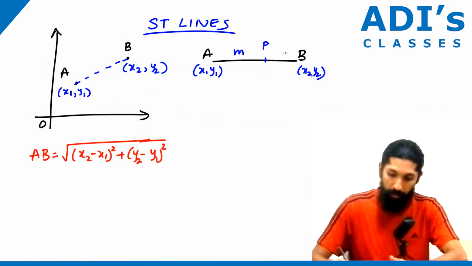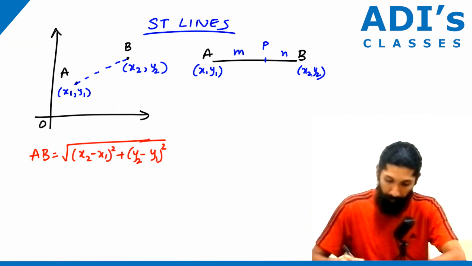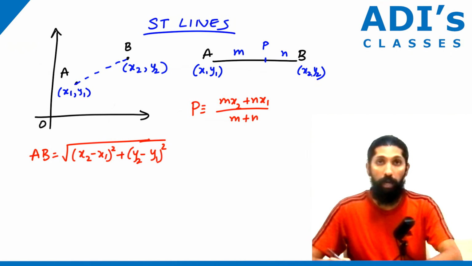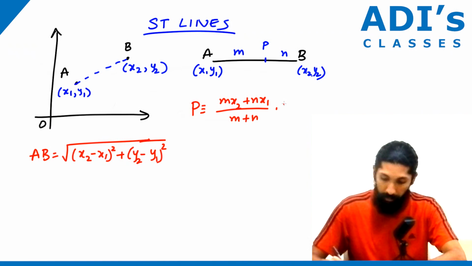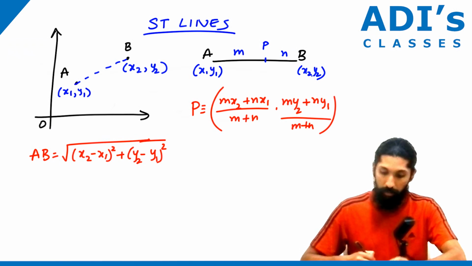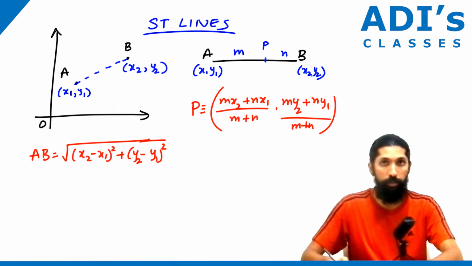Say this is M is to N. Then the division between AB, the coordinates of point P is given by mx2 plus nx1 divided by m plus n. This is for the abscissa. For the ordinate, my2 plus ny1 divided by m plus n. This gives the abscissa and the ordinate of the point of division. P is called as the point of division.